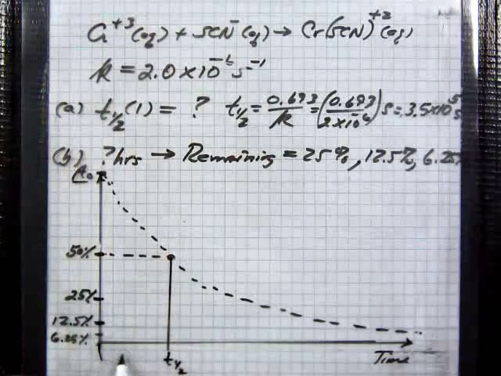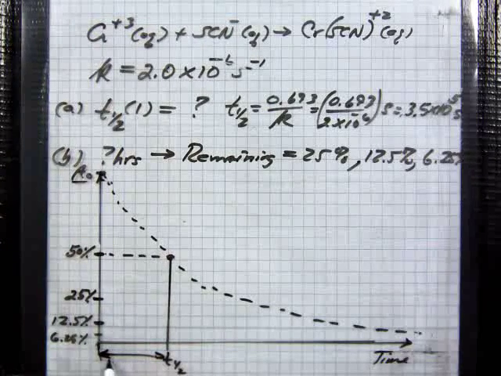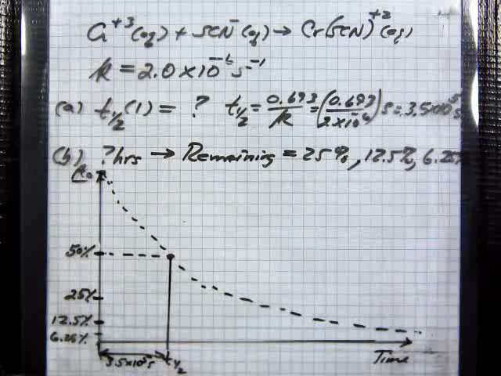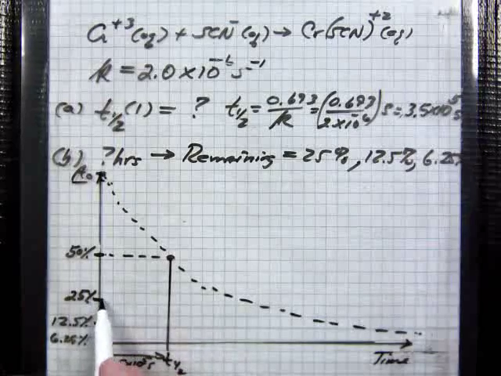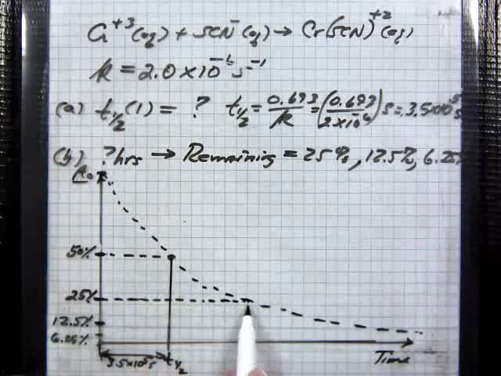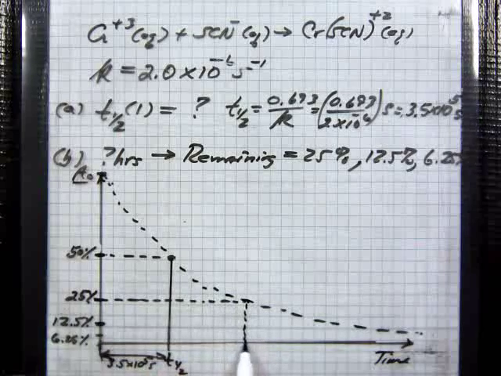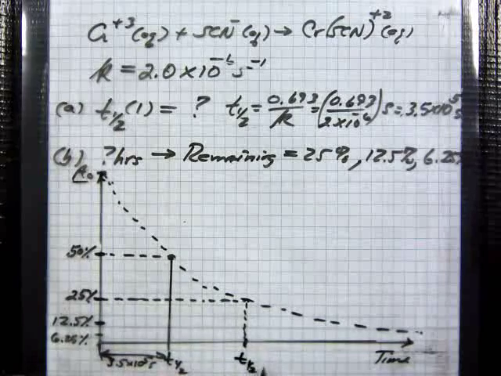Now, the second thing is that this half-life time, the first half-life, right here, is 3.5 times 10 to the 5th seconds, okay? But it's also for the second half-life. So if we come over here and then come straight down to here, this gives you the second half-life.